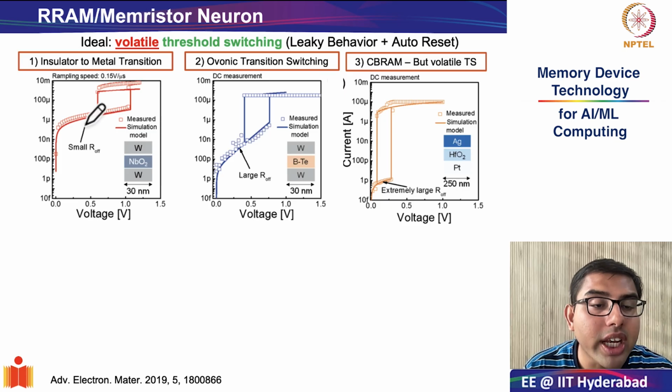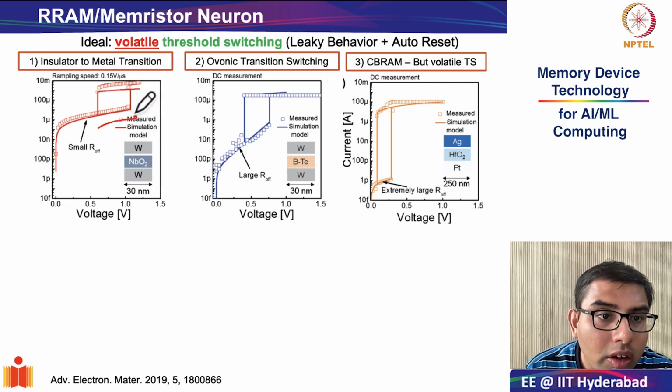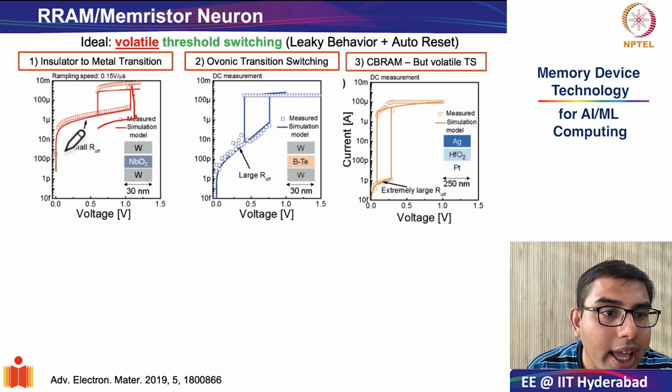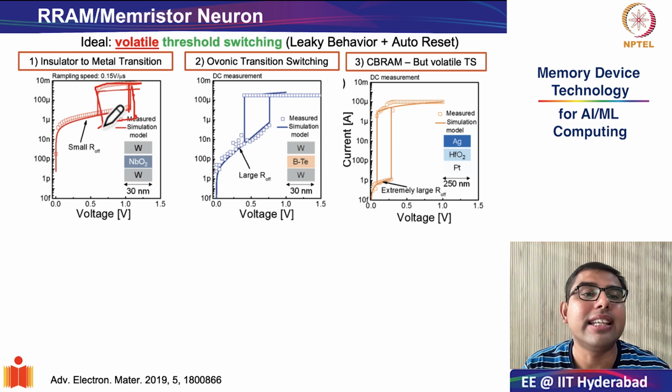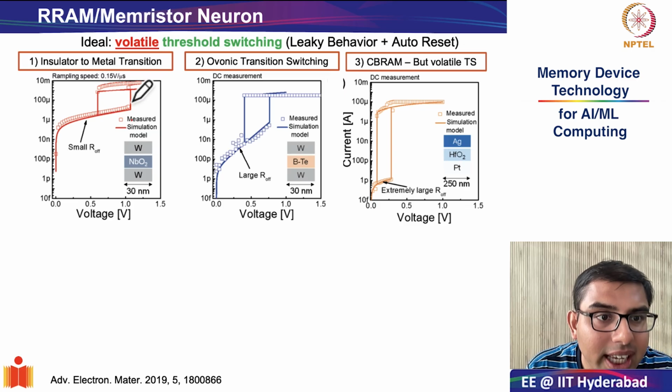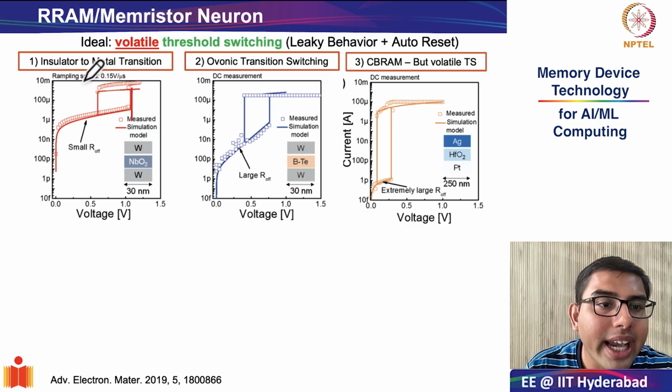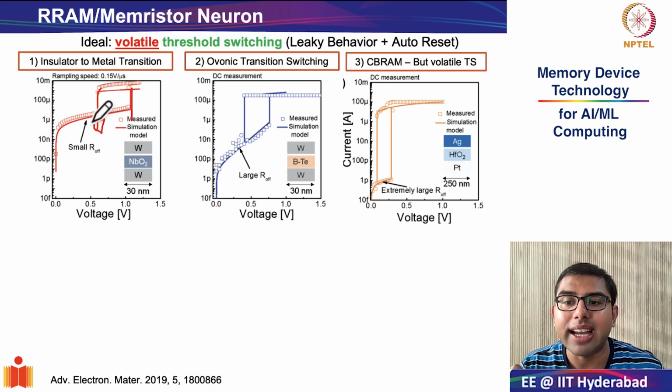So as you can see over here, in volatile threshold switching, the device abruptly jumps from the high resistance state to the low resistance state at a threshold voltage, and then on the way back, giving the hysteretic effect, it switches back from the low resistance state to the high resistance state at the hold voltage. This is absolutely essential to mimic neuronal behavior, because threshold switching can mimic firing, whereas the volatile return is going to mimic your reset functionality.